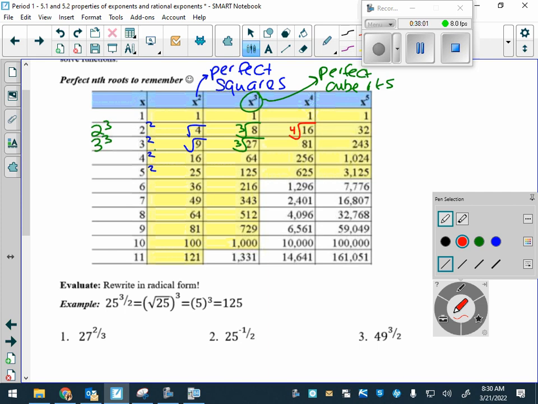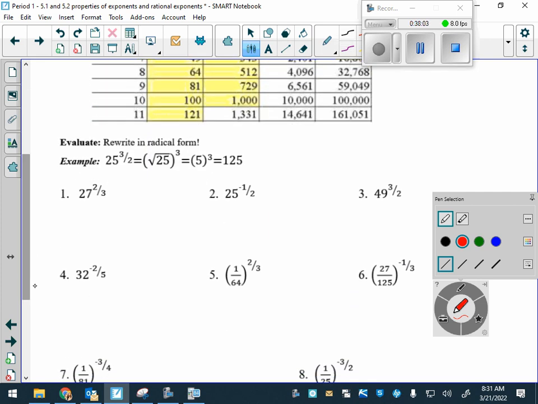Okay, so there's going to be times, if you notice here, that we don't really rewrite it in radical form. Okay, so I want you guys to always write it in radical form. It's easier to remember than doing, say if I rewrote 25 with a smaller base. If I rewrote 25 as 5 squared and did it this way, I would still end up with the same answer.